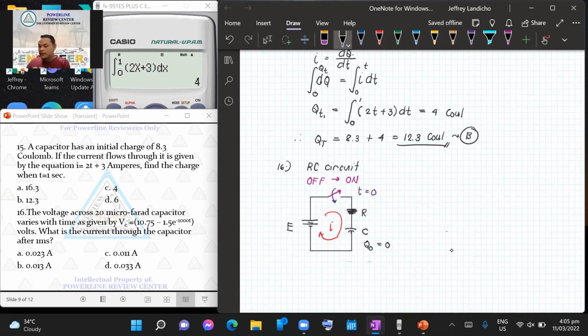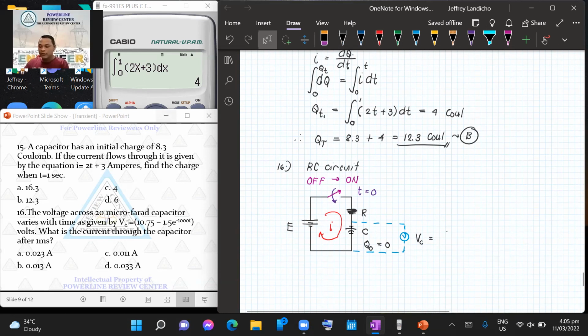So, in this case, initial charge of the capacitor is 0. Anong ginawa natin? Sinukat natin yung voltage across the capacitor.